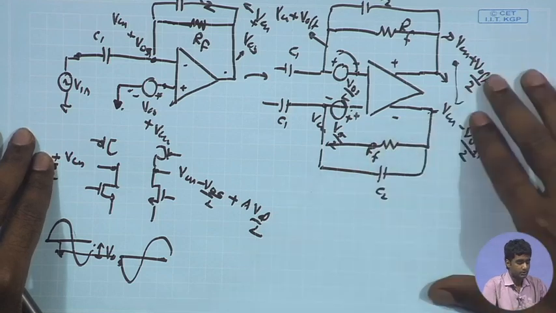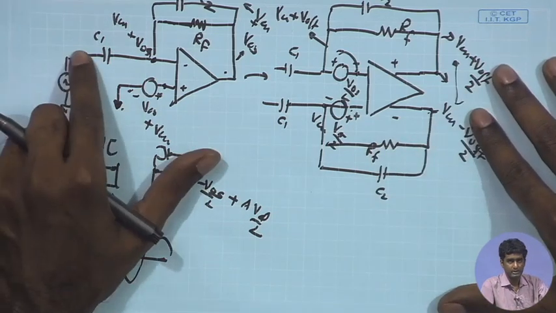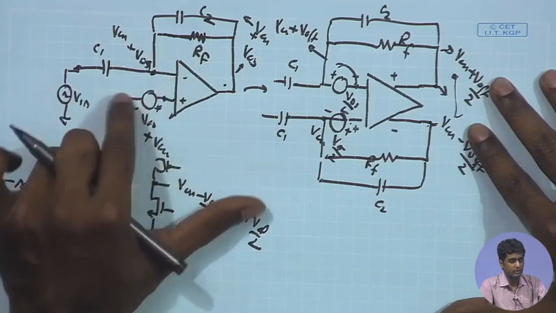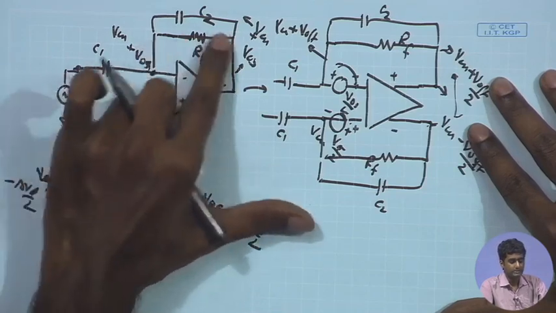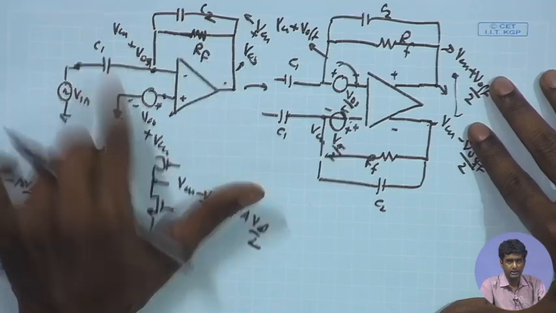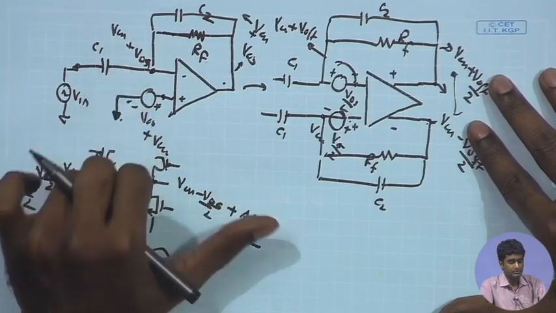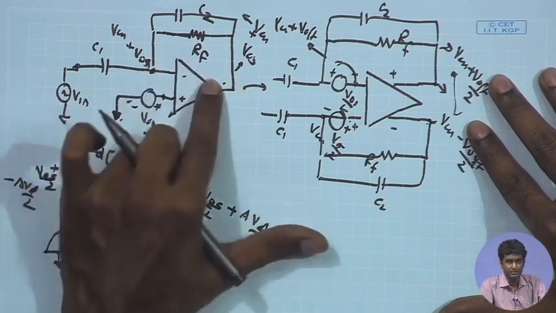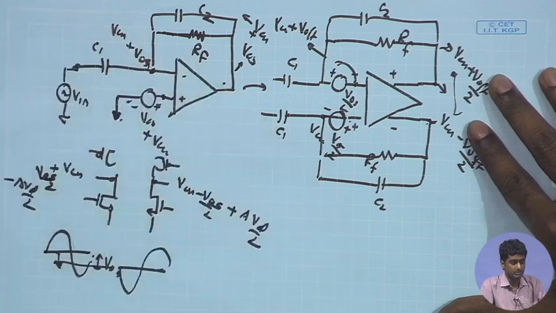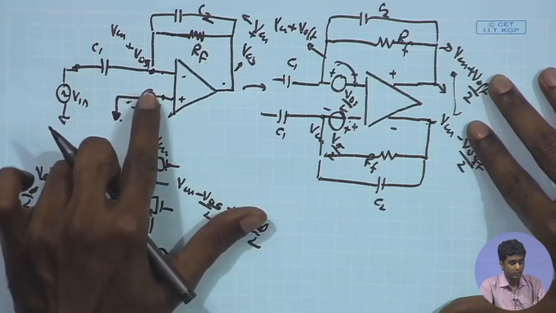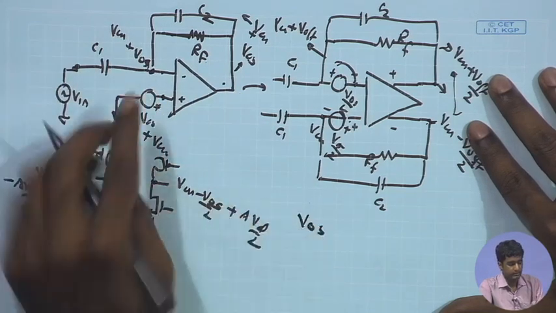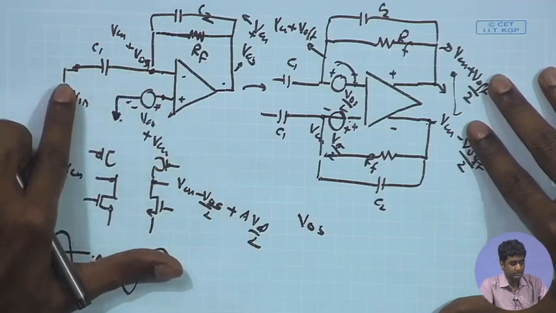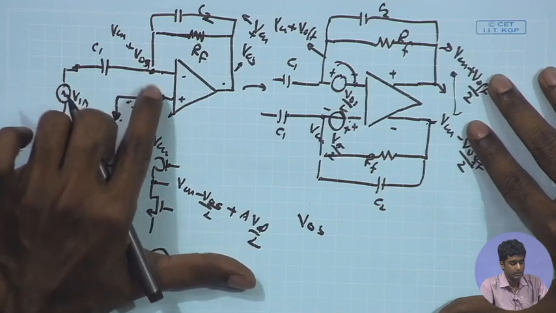For the AC analysis, just like we do the transfer function analysis, we can also do the same transfer function analysis for V offset, and we have the same high pass filter response coming in. As a result, we know that the offset is a DC value and will not be passed on to the signal. For example, to see the overall transfer function with respect to V offset, assume the signal here is 0 and we have the V offset here.